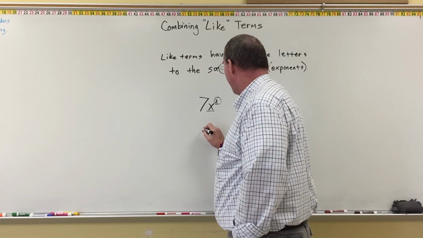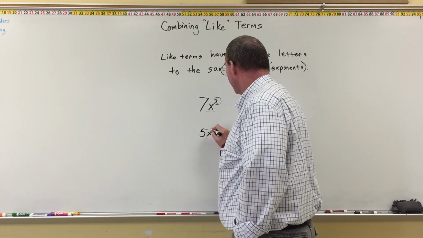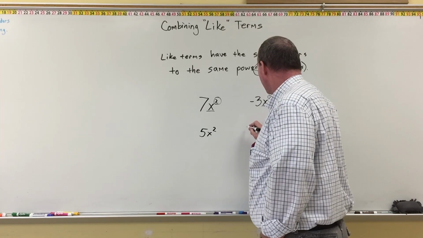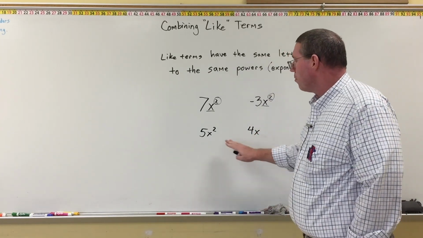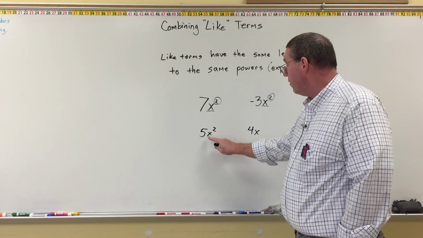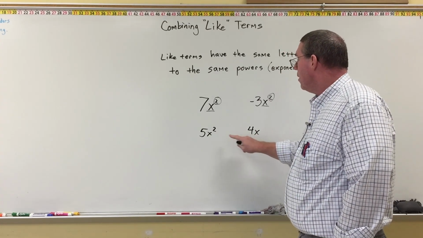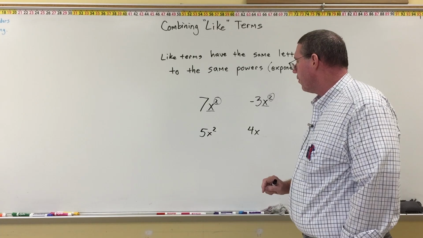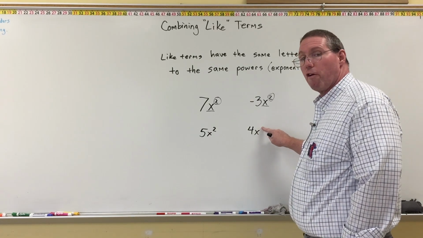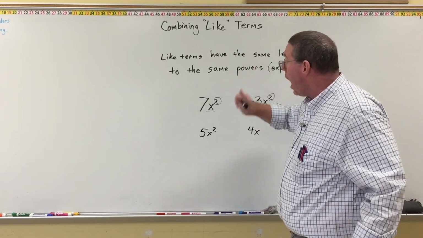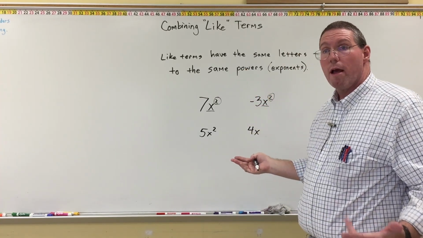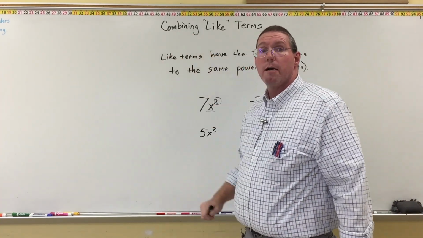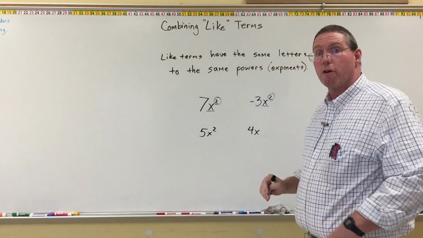Let's say that we had 5x squared, and let's say that we had 4x. Now, these two terms are not like terms because even though they both have an x in them, the x is to the second power over here, but over here the x is to the first power. Therefore, since they are not to the same power, they are not like terms, and therefore they cannot be combined into a single term.